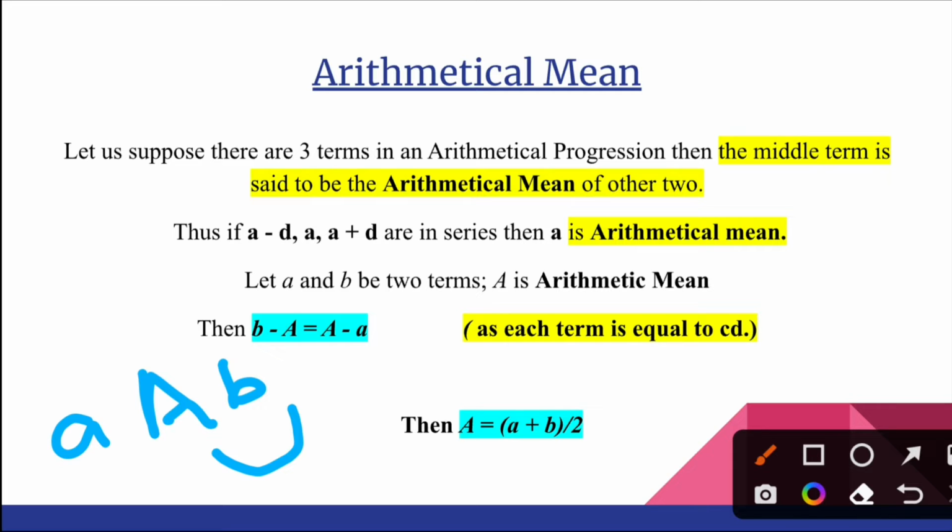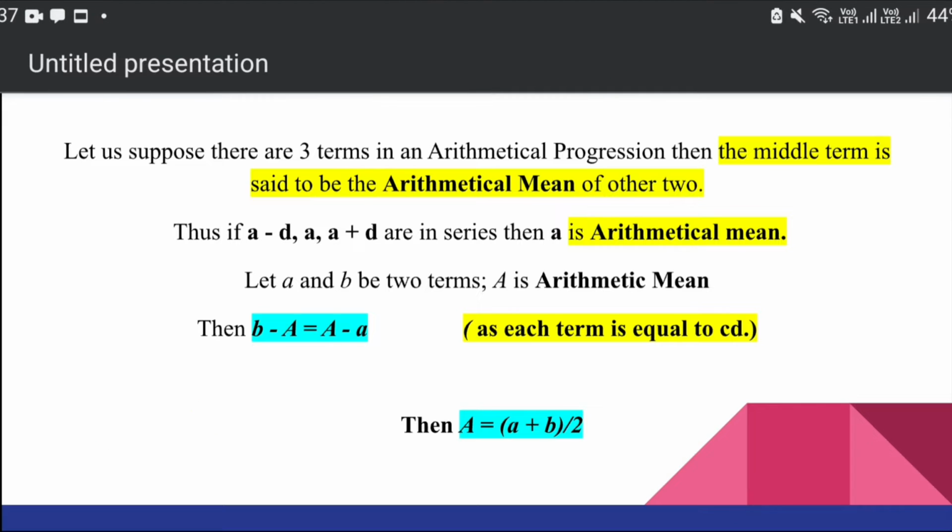So we are left with 2 times big A equals a plus b. Now that 2 will go to the other side and it will be divided: a plus b upon 2 equals A. So this big A is the arithmetic mean of these terms, right?